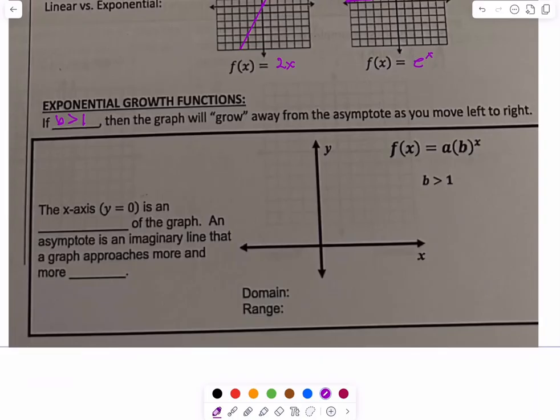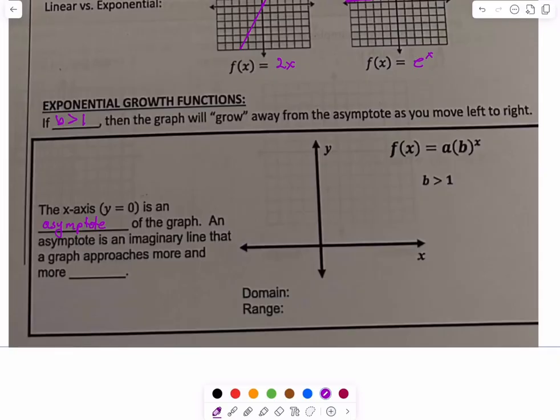The x-axis is an asymptote. With a graph, an asymptote is an imaginary line that a graph approaches more and more over time, as x goes to infinity.